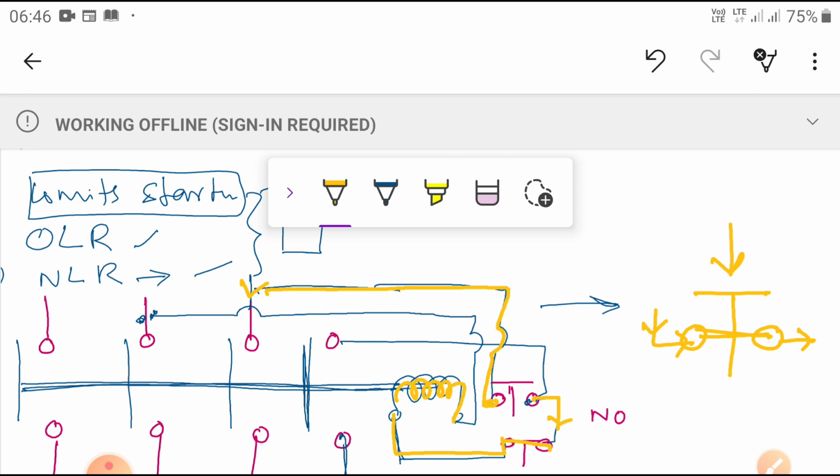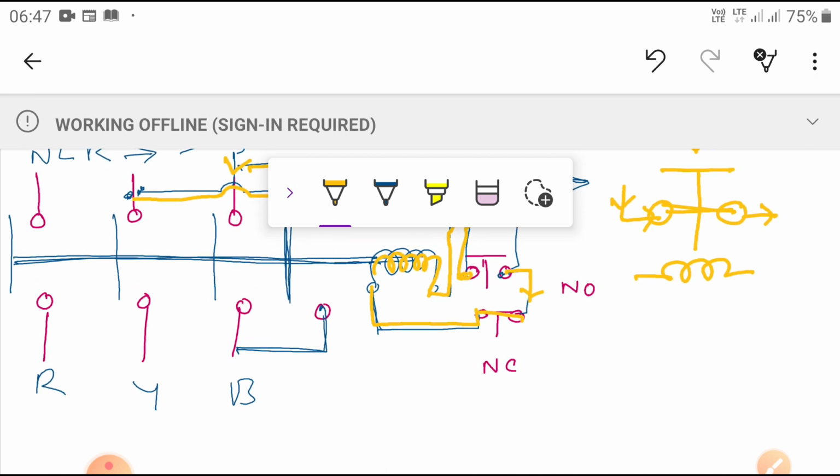The circuit is closed. Now it is going to this coil, then it is connected to the other phase. That means here our coil is given supply between, so what is the phase here? B phase and Y phase.